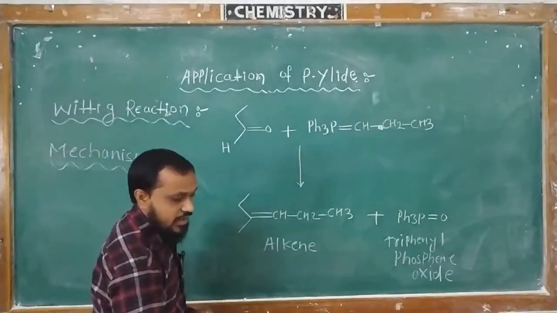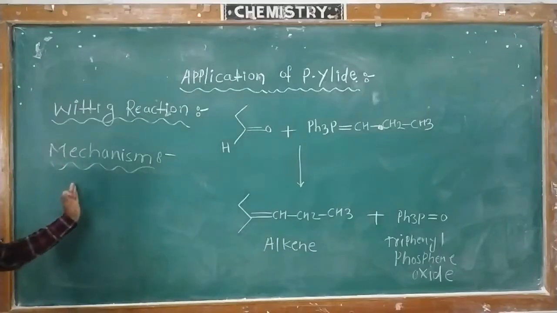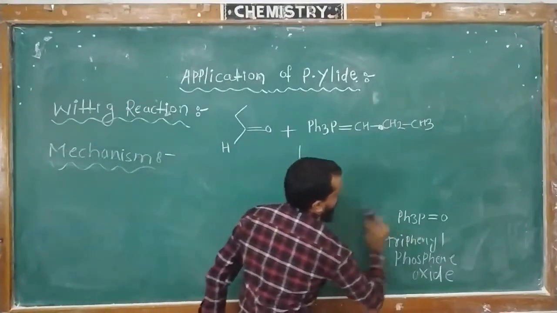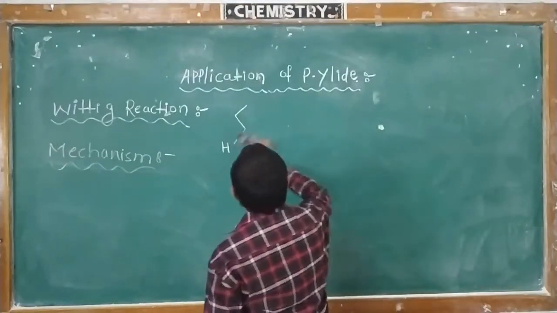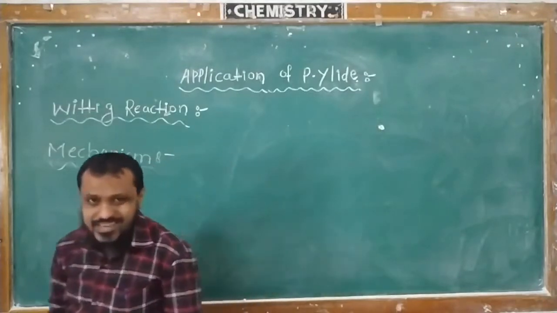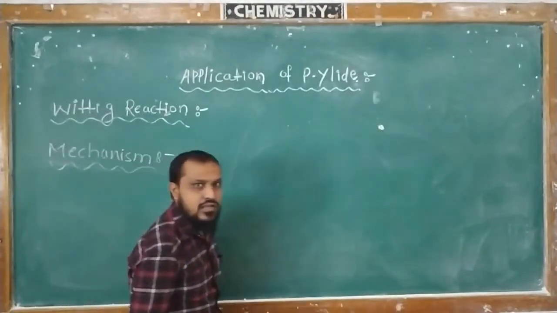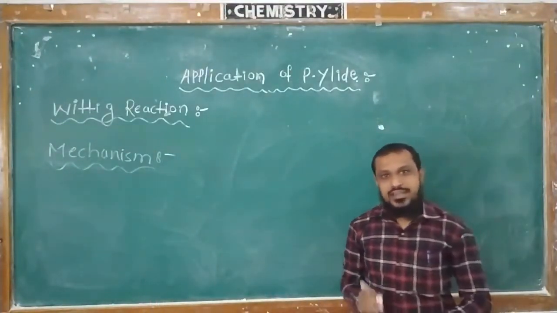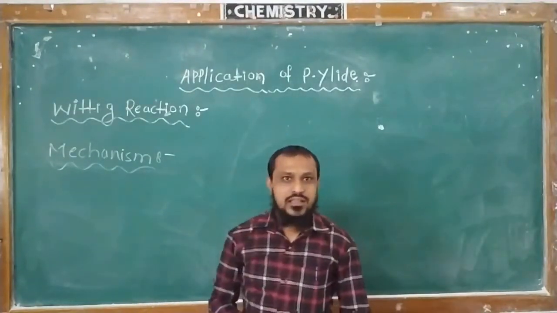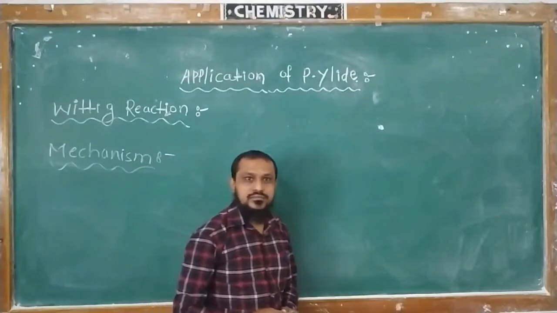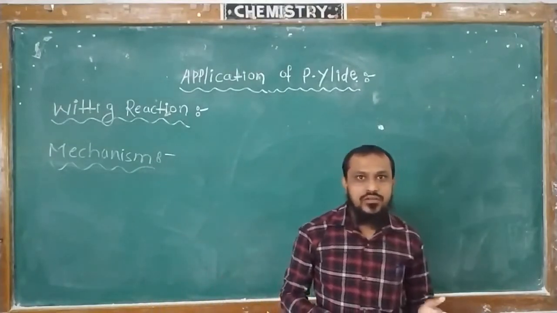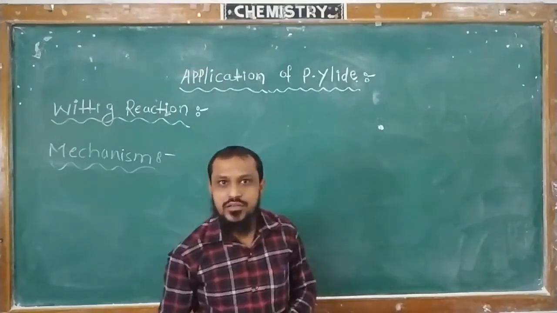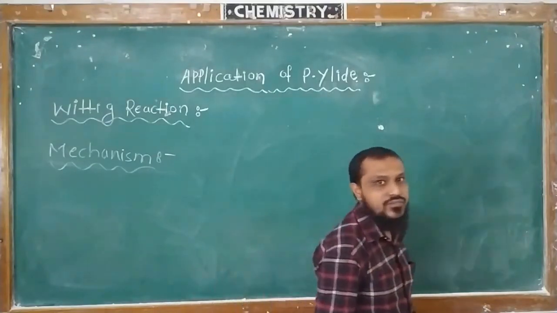Now I am going to discuss the mechanism of the Wittig reaction. The mechanism of the Wittig reaction is initiated from the formation of phosphonium salt. The Wittig reaction means the reaction of an aldehyde or ketone with ylide, which is generated from phosphonium salt.